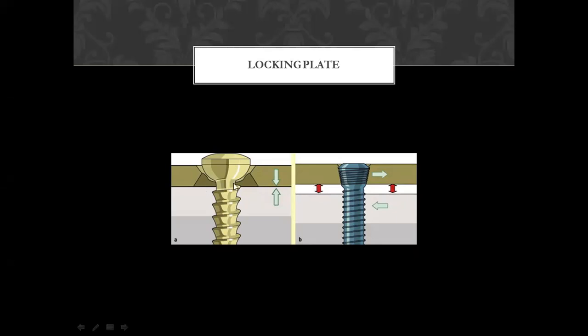Whereas with a mini plate without a locking type, the plate will compress the bone and the vascularity will get compromised. In the locking plate, the screw gets locked with the plate and allows adequate blood supply to take place. So that is the difference between these two. Just remember, in a locking plate you will have a space between the plate and the bone, so the vascularity can be maintained.